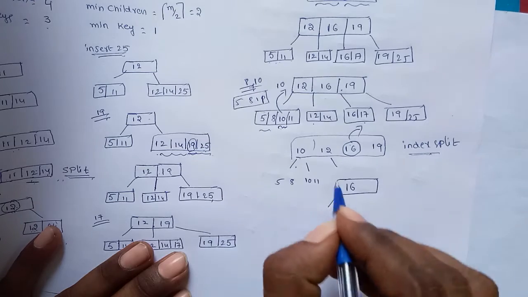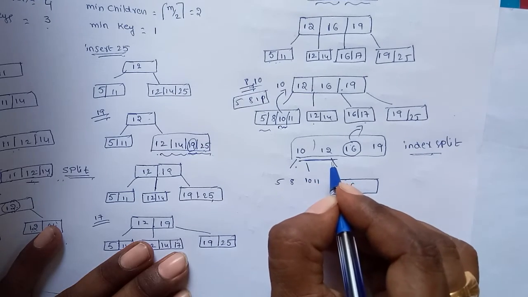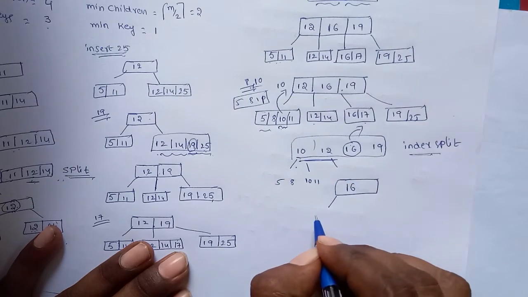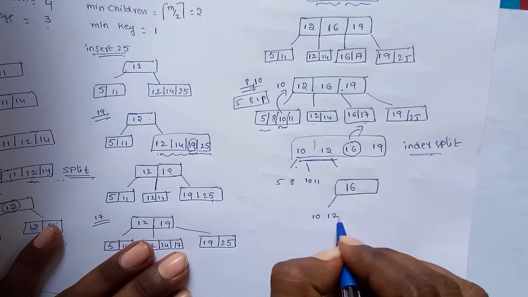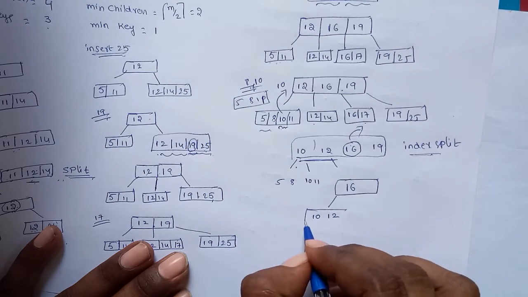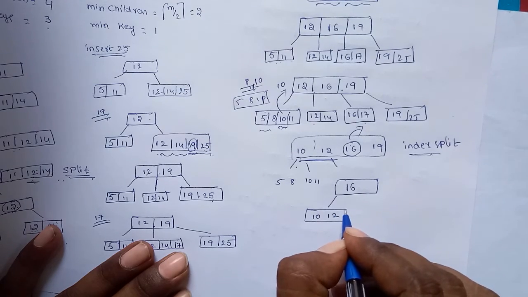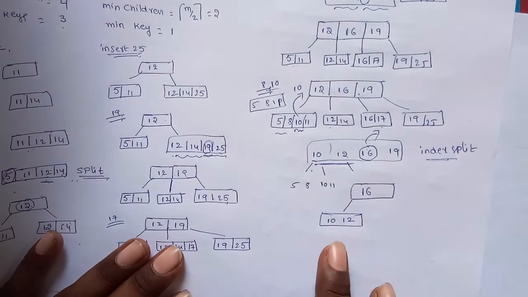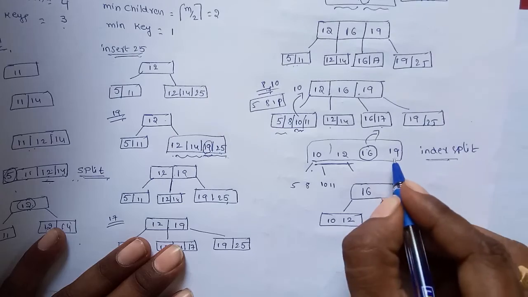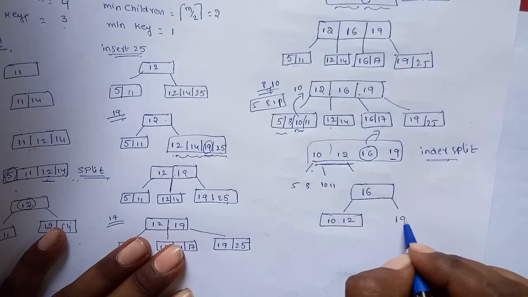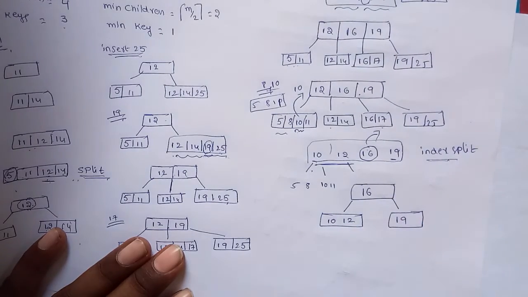16 is moved to the root. Obviously 10 and 12 is the left child, and only one value, 19, is the right child.